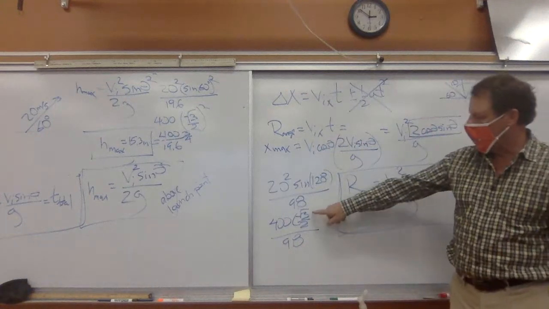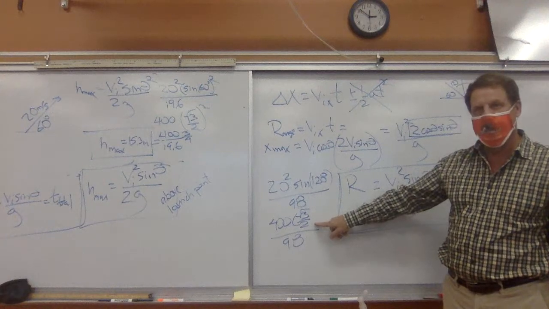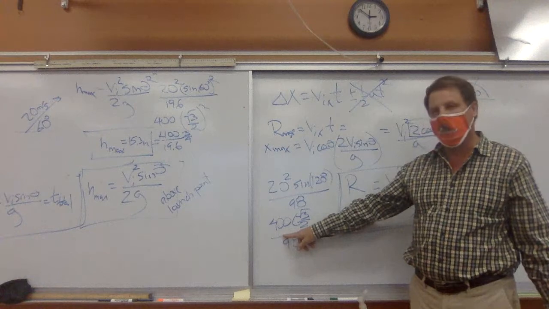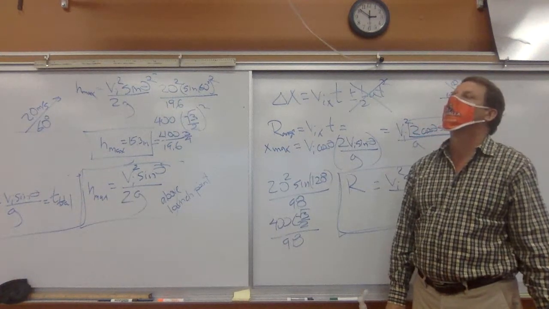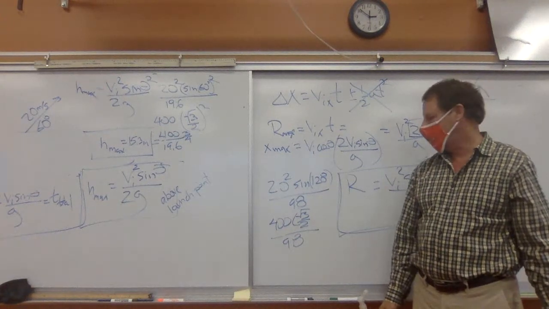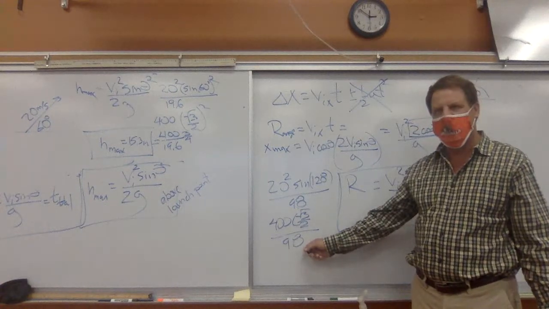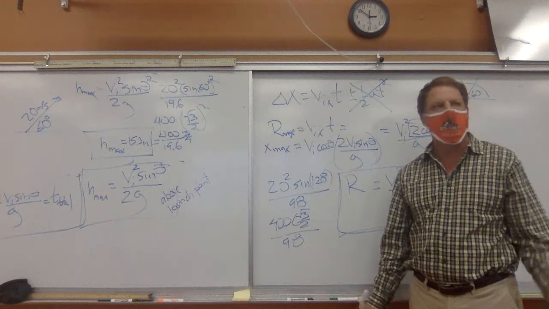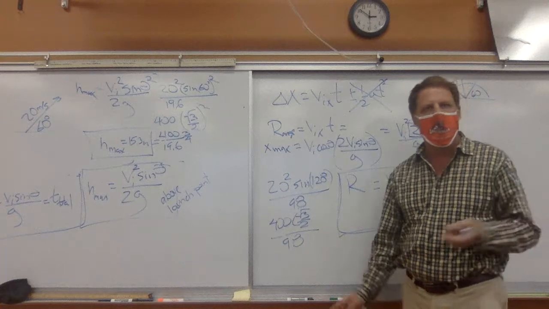Radical 3 is about 1.73, divided by 2 is about 0.87. 0.87 times 400 is probably about 3,500, and then we divide it by 10, so we're talking about 35 meters-ish.